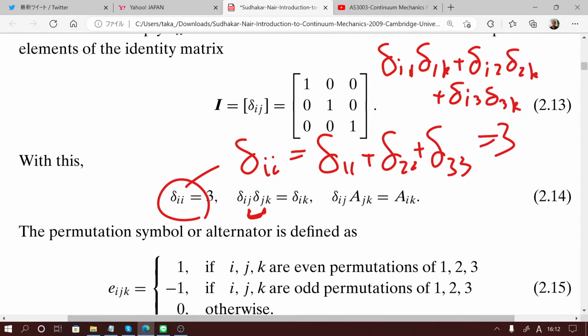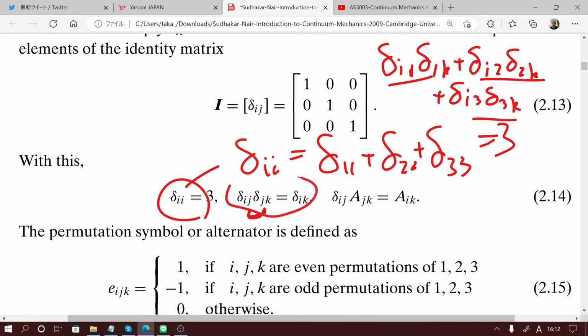If i equals k, one of them is 1. If i not equal k, none of them is 1.